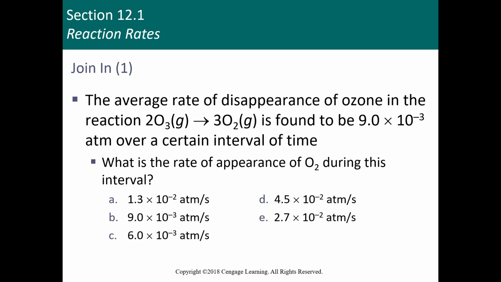So the average rate of disappearance of ozone in this reaction right here, which is 2O3, which is ozone, going to 3O2, which is the oxygen gas, is found to be 9 times 10 to the negative 3 atmospheres over a certain interval of time. Notice we don't even mention how much time this is. We don't care. What is the rate of appearance of O2 during this interval? So again, you're starting with ozone, right? You know ozone.